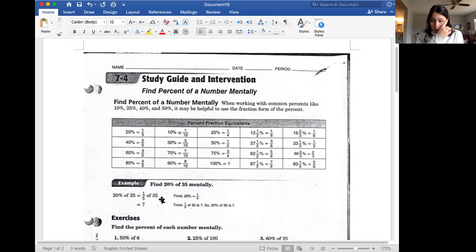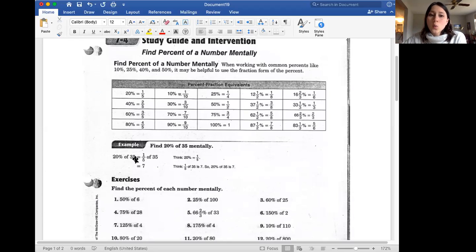So for example, if you're looking for 20%, 20% is actually 1/5. So if you're looking for 20% of 35, what you could do is mentally figure out what 1/5 of 35 would be. And so 1/5 of 35 is 7. So in this chart, it breaks down all the different fractions for these percentages, and then you use these fractions to help you figure out what these values are mentally.